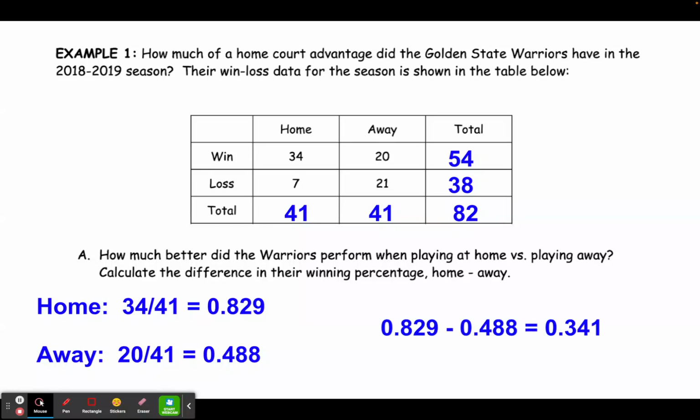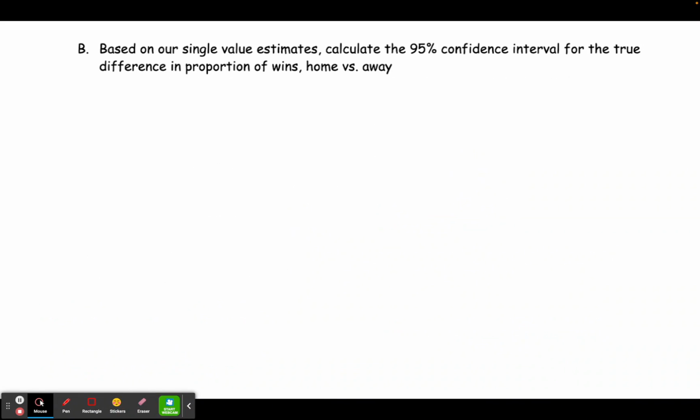The difference in those winning percentages then is 0.341, which seems like a pretty significant difference. Saying that they won 34% more of their games at home than they did on the road is a pretty good home court advantage.